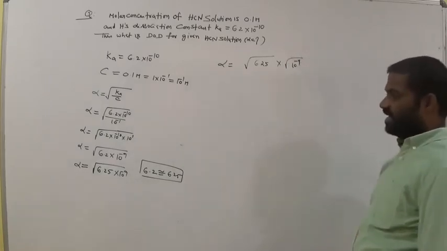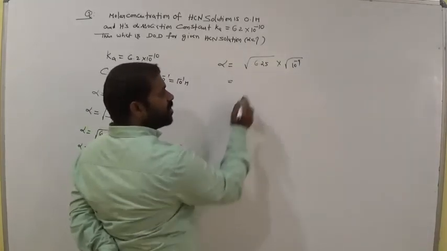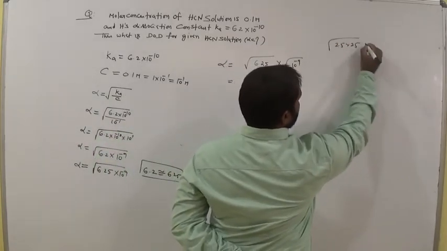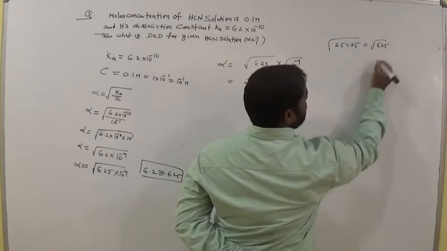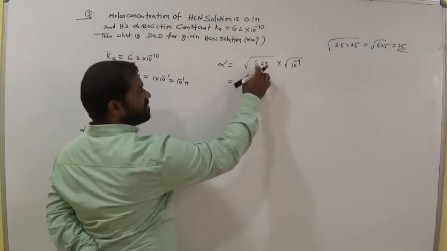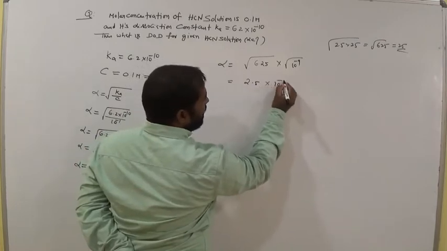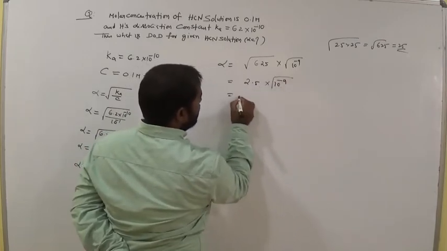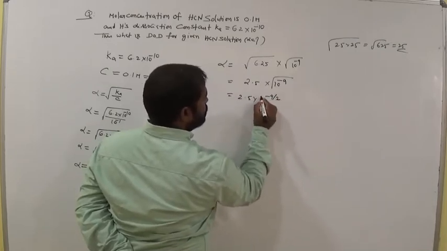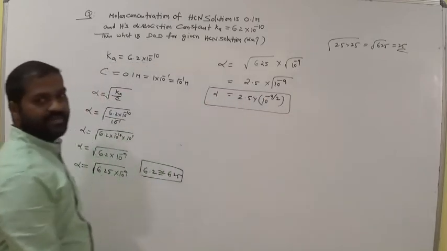And what about square root of 6.25? It is 2.5 directly. Why? Because 25 into 25 is 625, so the square root of 625 is 25. So square root of 6.25 is 2.5, into 10 power minus 9 root, that is 2.5 into 10 power minus 9 by 2. Is it clear, all of you?